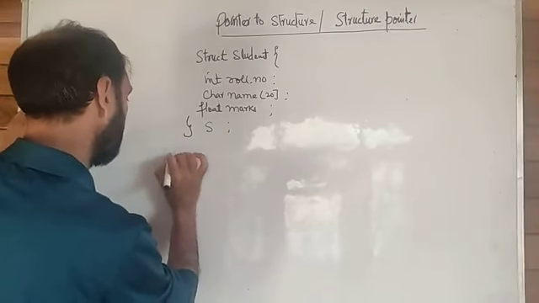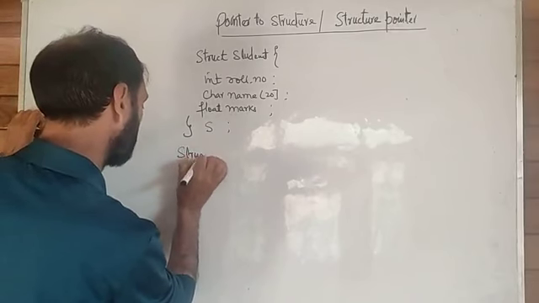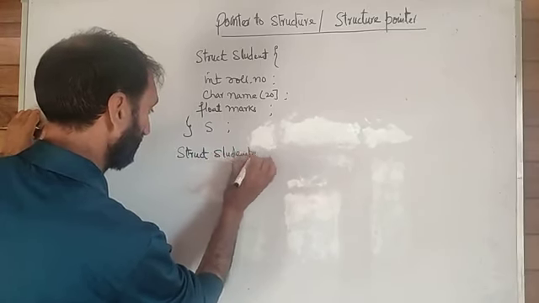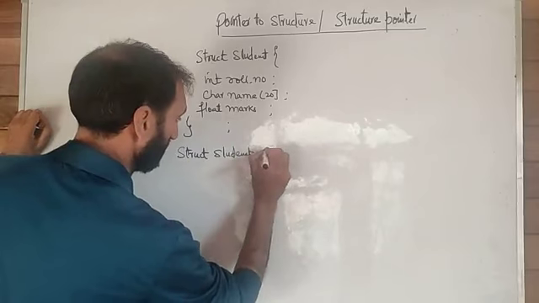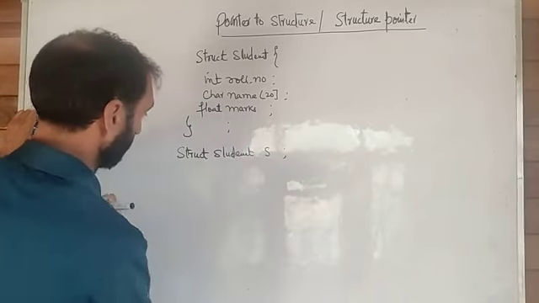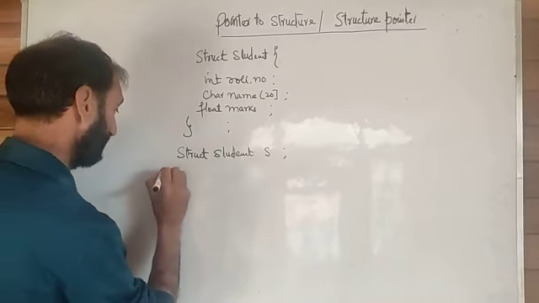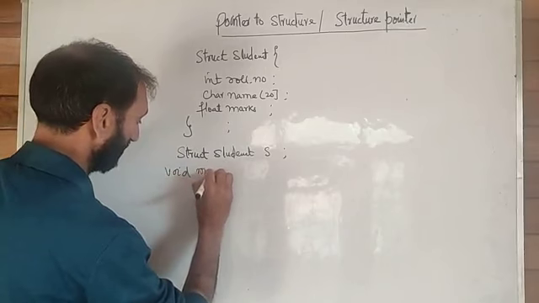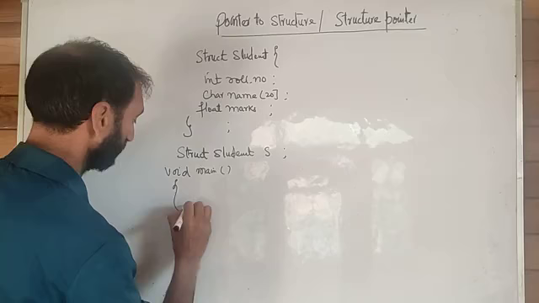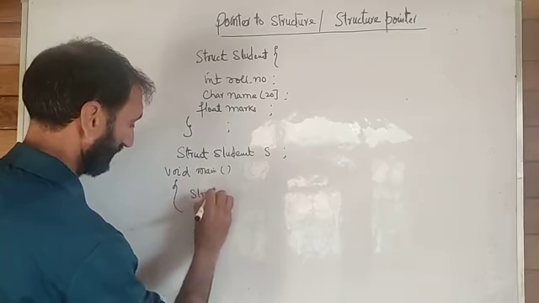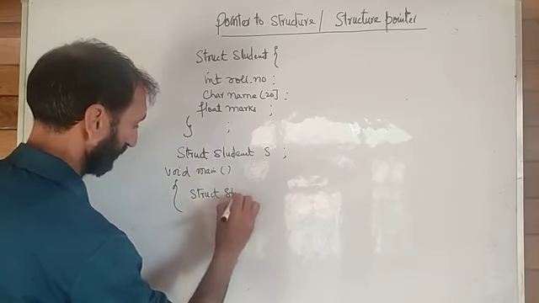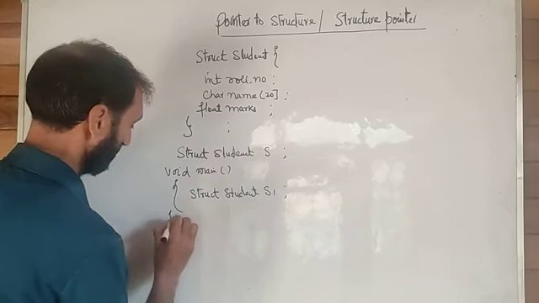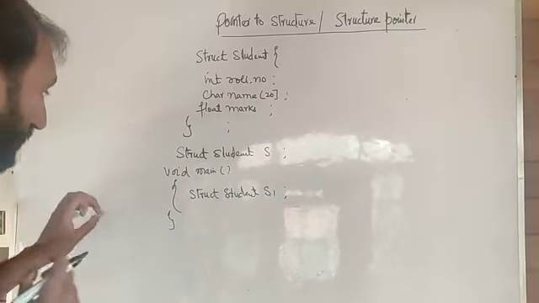For example, I can write also struct student S, and then I can also declare here as well, void main, struct student S1.